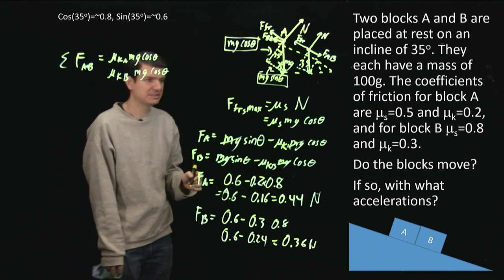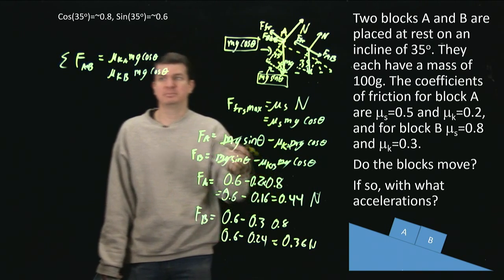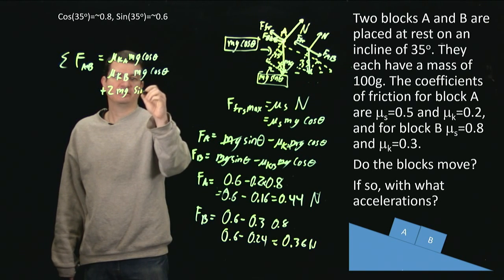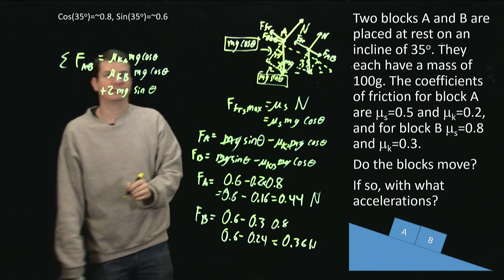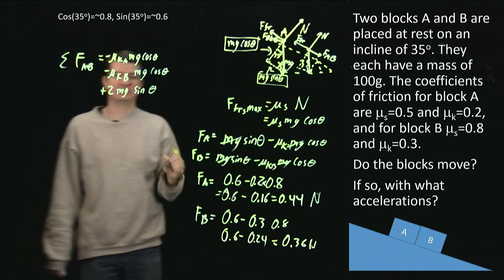That's the friction forces. We'll have an mg sine theta for both blocks, that's the same, so we'll just write 2mg sine theta acting on both of them. And the friction forces are, of course, opposing.